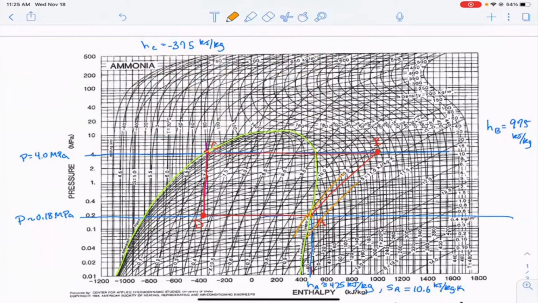So then to get to B in the compressor, it's isentropic. So if the entropy here is 10.6, then the entropy here has to be 10.6 as well. And that's also sitting between these same two lines of constant entropy. Okay, does that make sense? Yeah, that makes sense. Thank you. All right, good. All right, great.